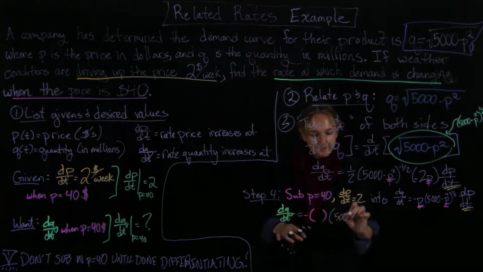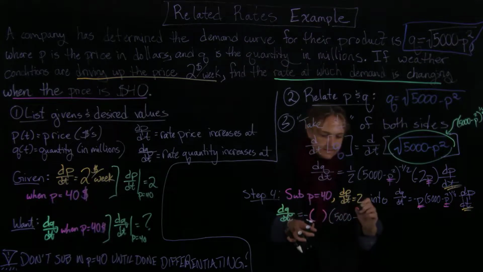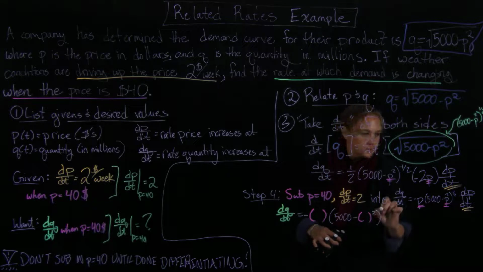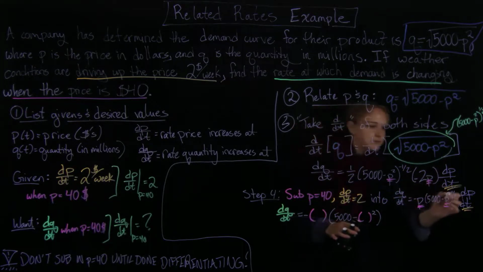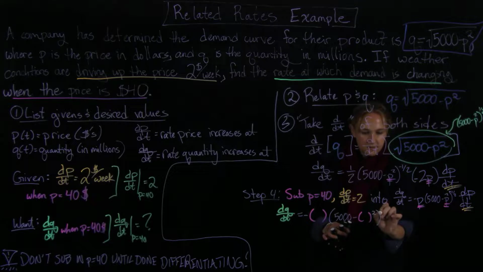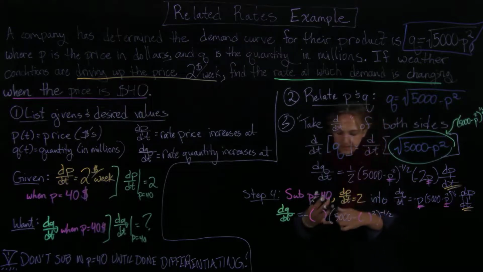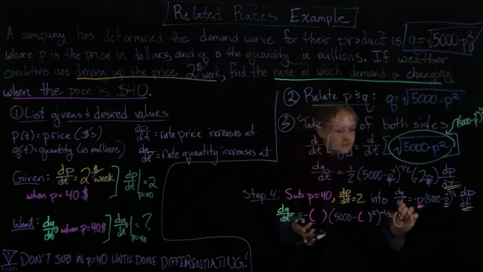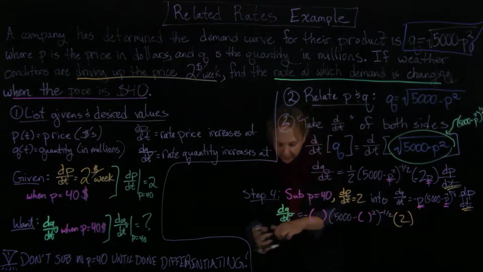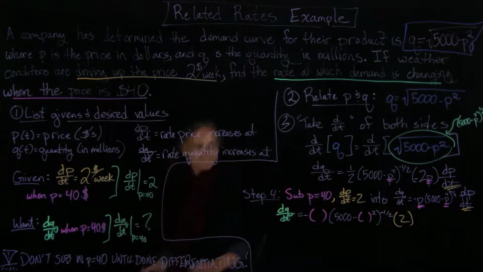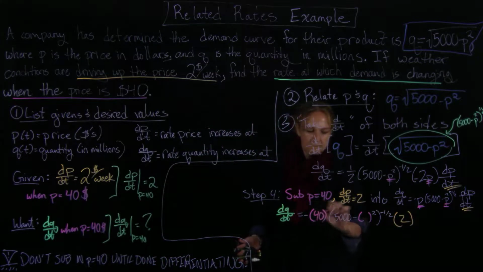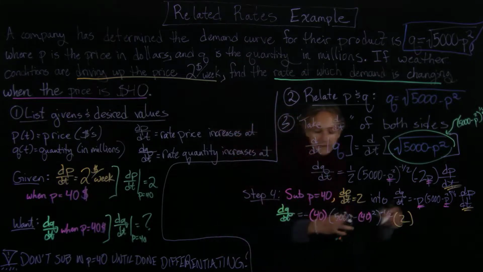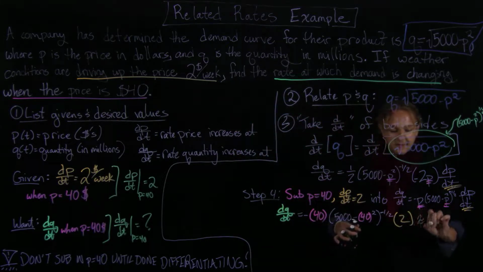So we have 5,000 minus p squared, to the minus 1/2, and then I have my dp/dt, and I know my dp/dt is 2, my p is 40. Okay, and so what I end up getting is approximately 1.37.